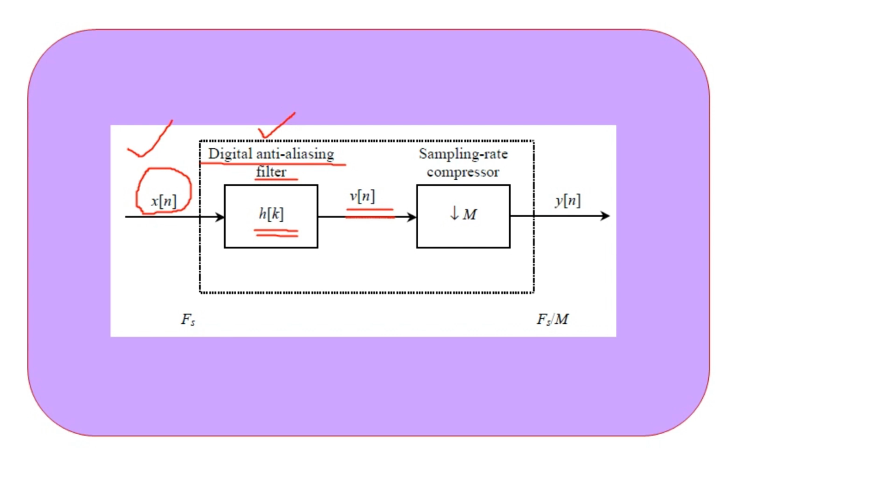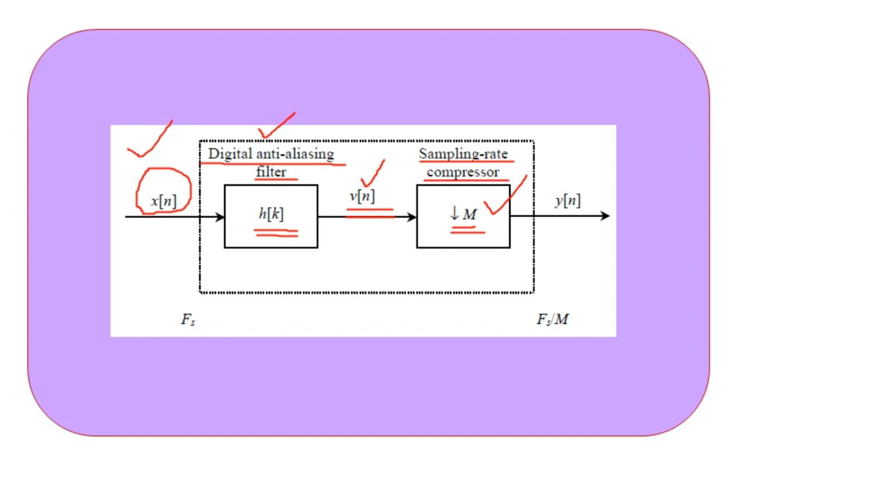After filtering the input discrete time sequence, we obtain the intermediate discrete time domain signal denoted by v of n, and then we apply the actual decimation. Here we select samples from the original signal at a specific interval of capital M, the integer value of the decimation or downsampling factor. This block is also named the sampling rate compressor.